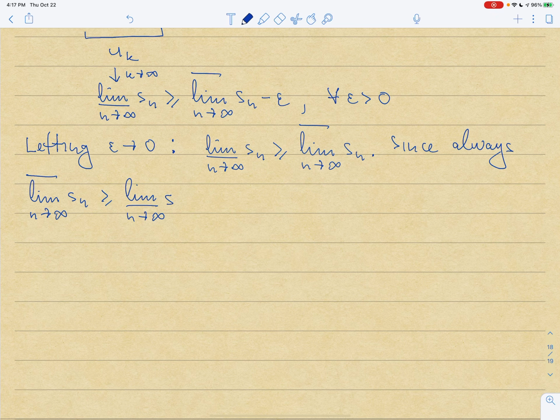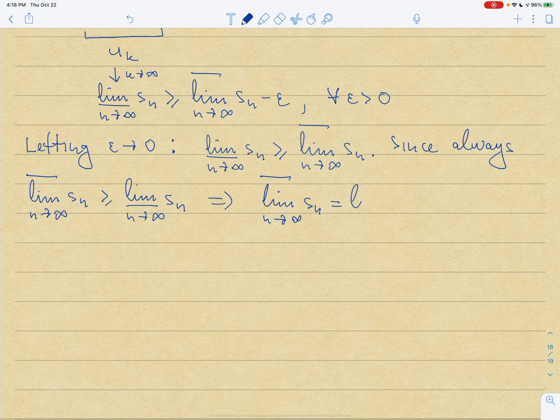And that means that the only possible choice is that they're actually equal to each other. So therefore, lim sup as n goes to infinity of Sn must be the same as lim inf as n goes to infinity of Sn.